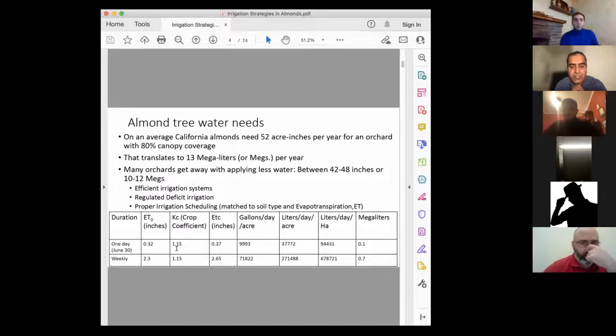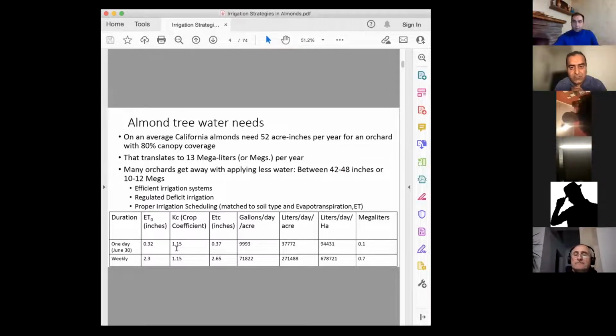One of the almond production function studies that I was reading recently, last week, mentioned that over the last several years, in fact, several decades, the evapotranspiration calculations for the almond orchards have increased. It could be due to newer research done on crop coefficients, but also it could be due to the effects of climate change.